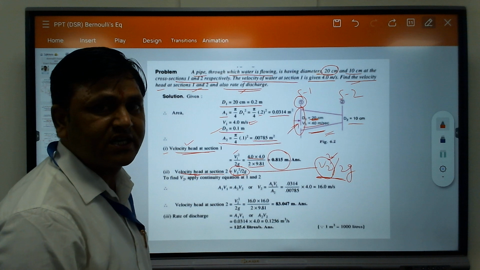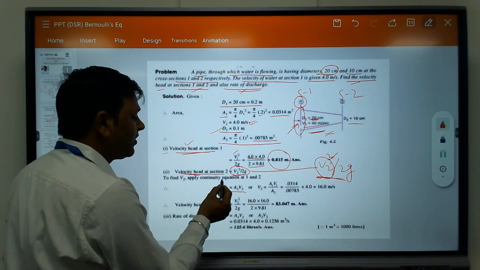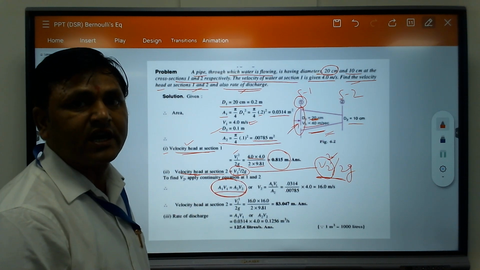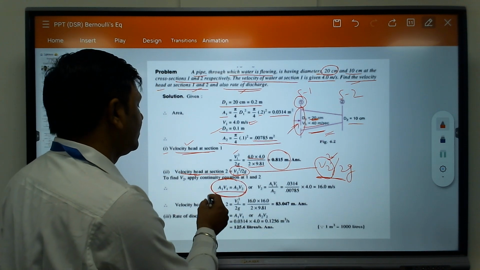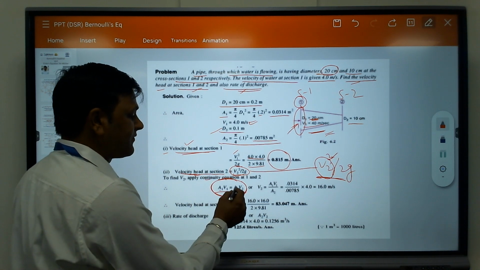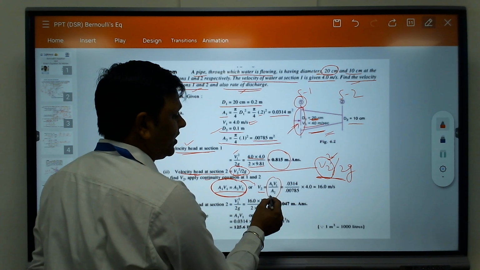What is the procedure to find V2? Here, we use the continuity equation. According to the continuity equation, A1 V1 is equal to A2 V2. After rearranging this, V2 is equal to A1 V1 over A2.